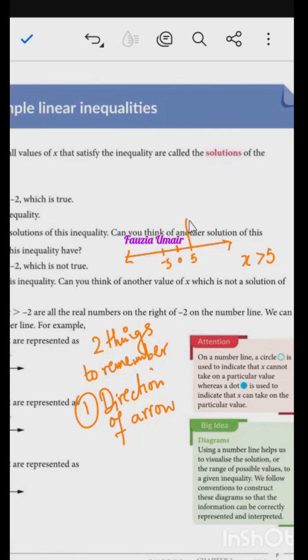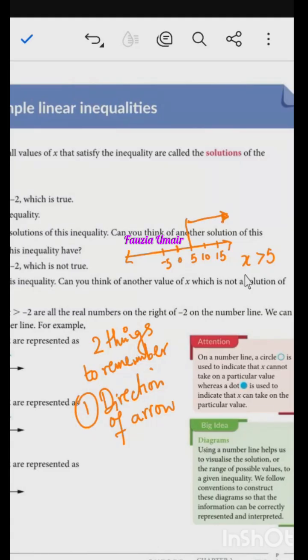Not from -5 to 5, because x is bigger than 5, x cannot be smaller than 5. So it will go forward, towards the right side. The direction of the arrow will be towards the right because this is a bigger sign.